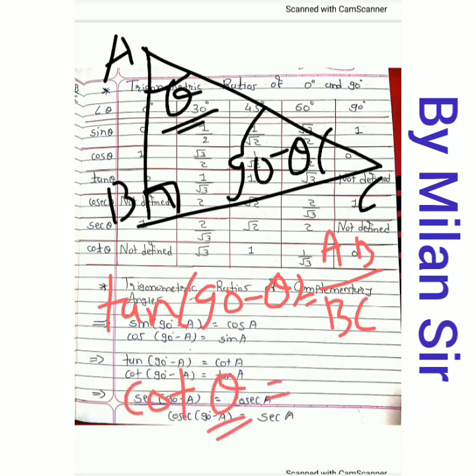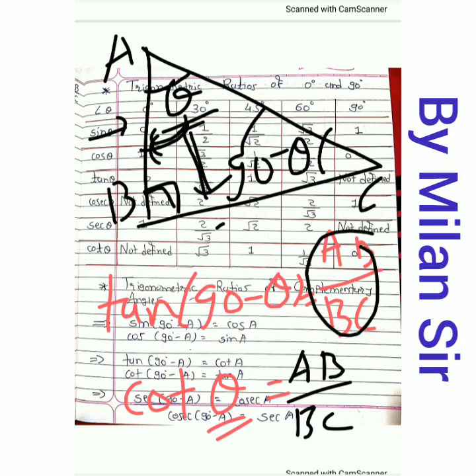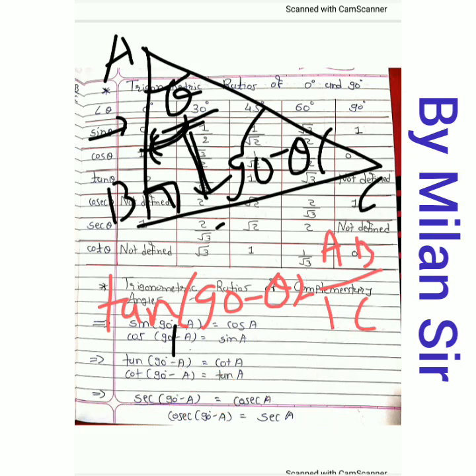Now this is the reference angle. So this is adjacent and this is opposite. Right? So opposite side BC and adjacent side AB. Now what is the formula of cot theta? It is adjacent upon opposite. Now what is the adjacent side? This AB and opposite side BC. Again you get the same formula. So you can write tan(90 minus theta) is equal to cot theta. Same way we can prove that sec(90 minus theta) is equal to cosec theta.